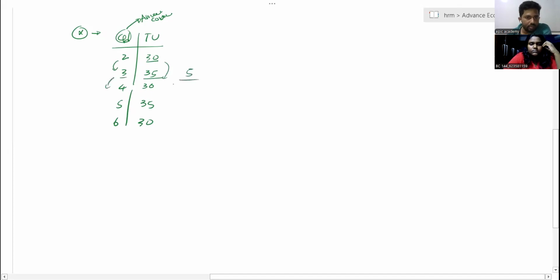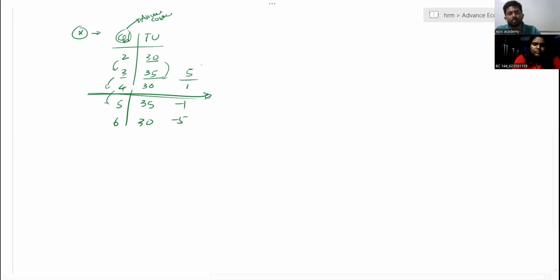But when you increase by another one, the difference is reduced. After a certain point, if you increase the consumption by 1, your satisfaction can be reduced.